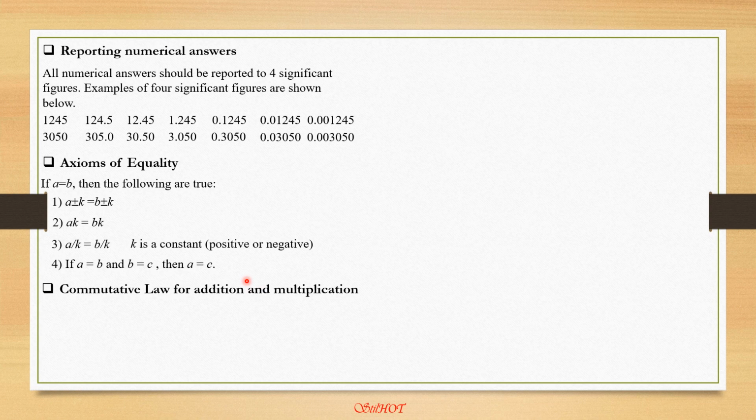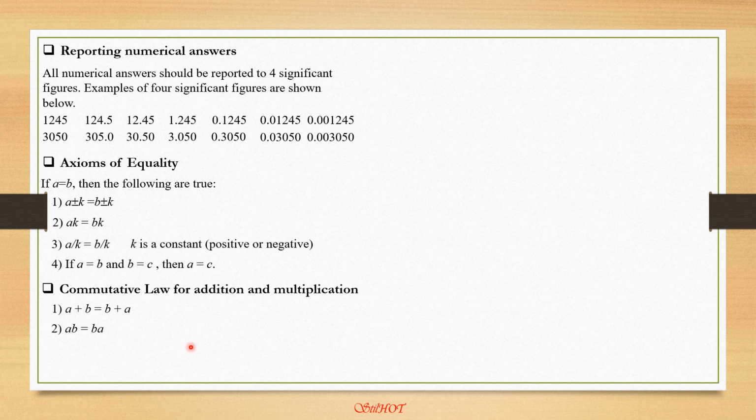Next is the commutative law for addition and multiplication. Same condition that the elements here are real numbers. The first statement is A plus B is equal to B plus A. That's commutative law for addition. 4 plus 5 is equal to 5 plus 4, as an example. A times B is equal to B times A. 4 times 5, 20 equals 5 times 4, 20.